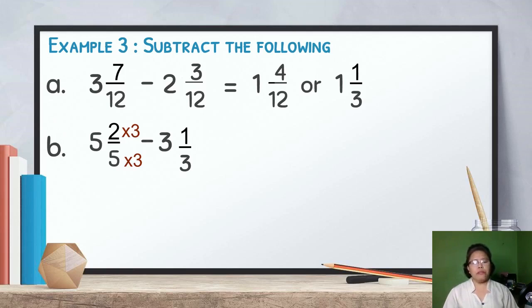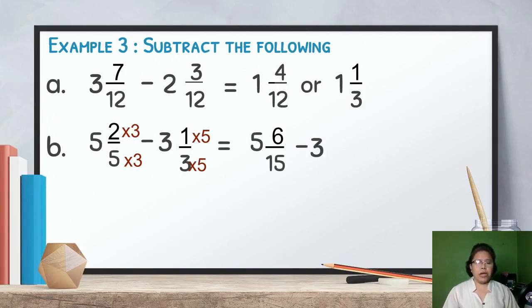Right? Kung nalilito, balikan yung video natin on changing dissimilar fractions to similar fractions, ha? So, nandun lang din yun. And then, 3 para maging 15 times 5. And then, times 5 din sa taas. So, changing it to similar fractions, we now have 5 and 6/15 minus 3 and 5/15. So, pwede na natin i-minus.